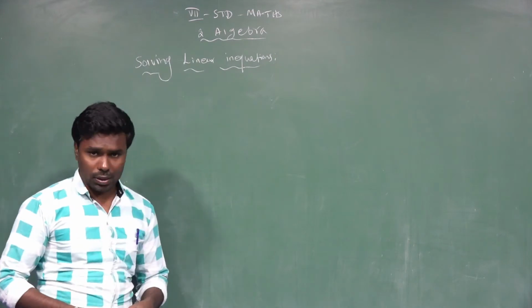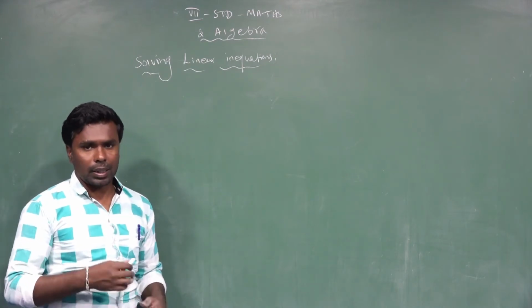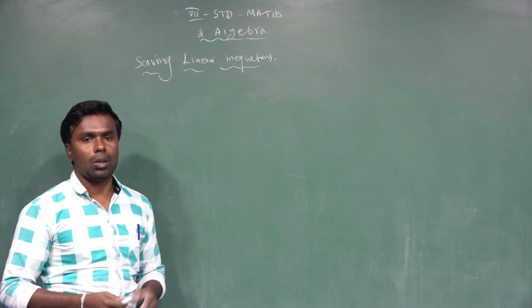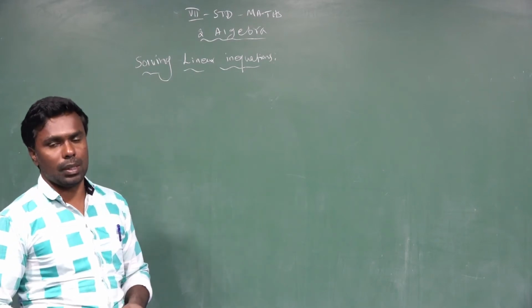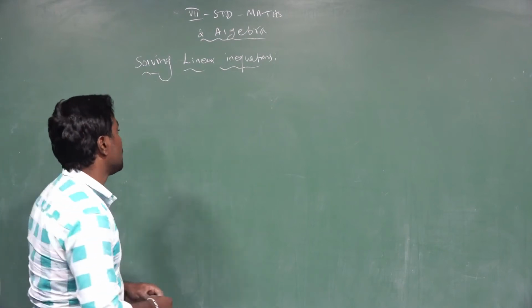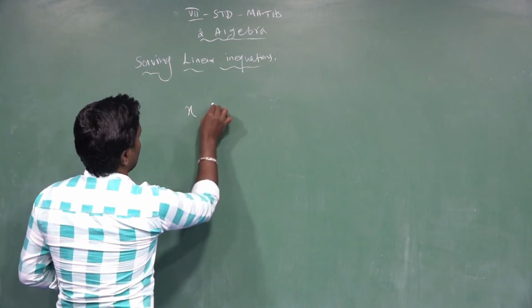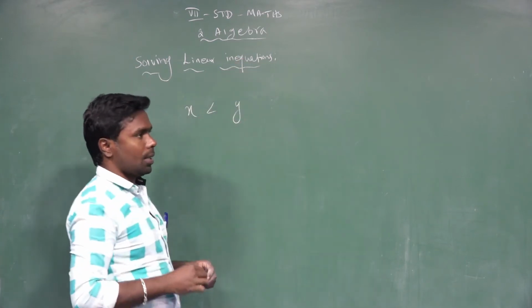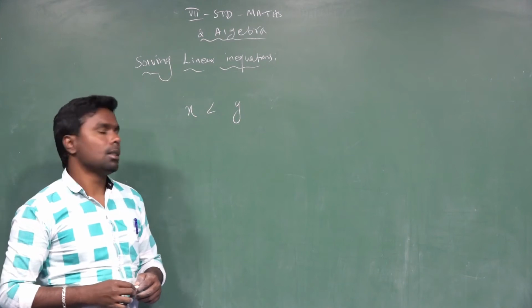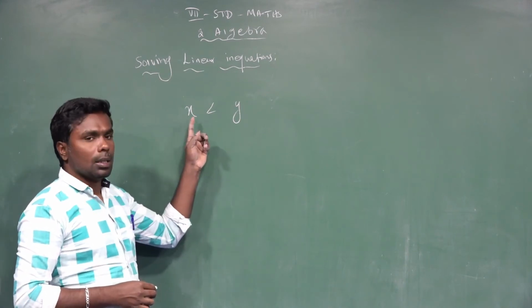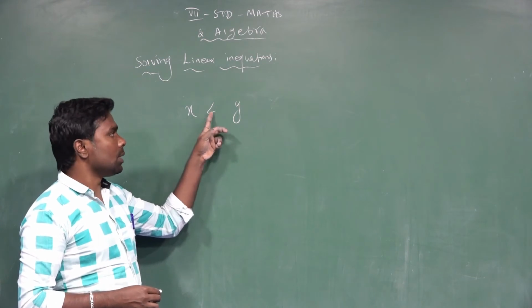When we are trying to solve the linear inequation, we have to follow some rules. First, just consider the example x less than y. Here x is less than y.